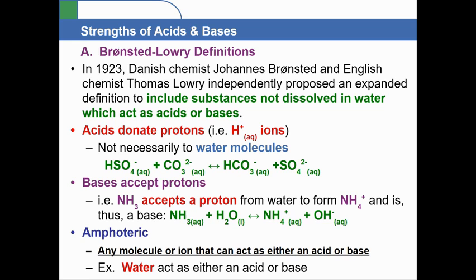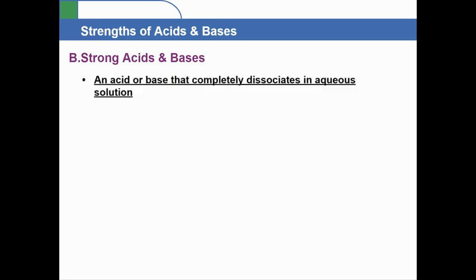All right. Now, the next section, we're going to be talking about the strengths of an acid and a base. Now, a strong acid or base is a specific technical definition: an acid or a base that completely dissociates in aqueous solution.